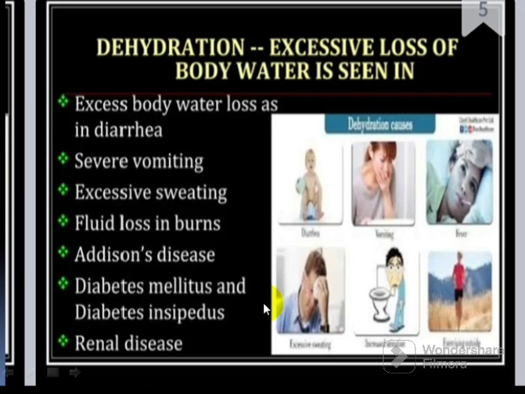And then instead of conserving water because of the absence of vasopressin, you begin to lose more water via the urine. And that can lead to dehydration. That brings us to her question.